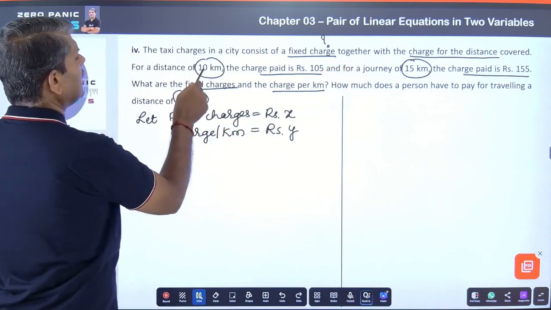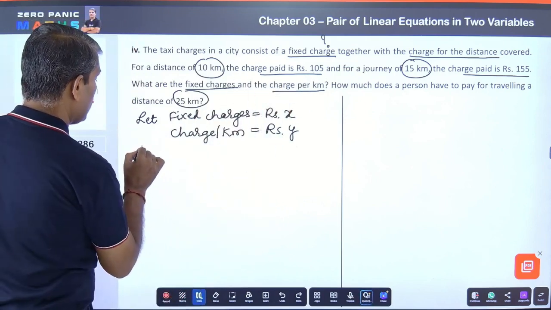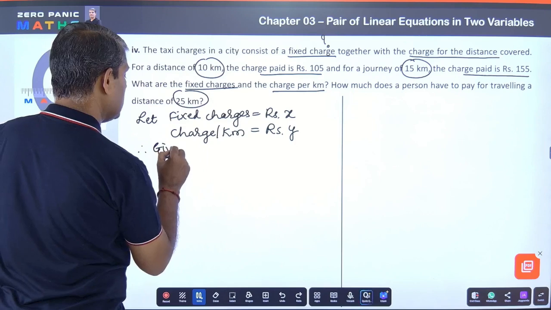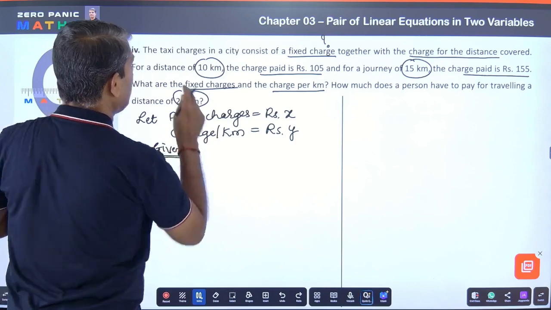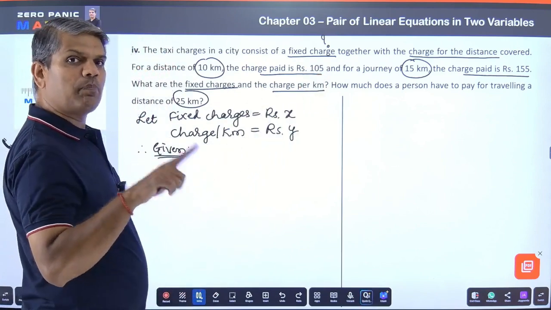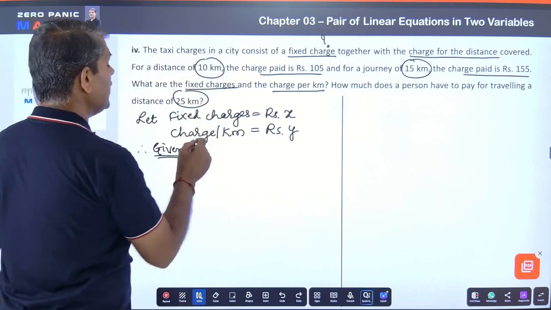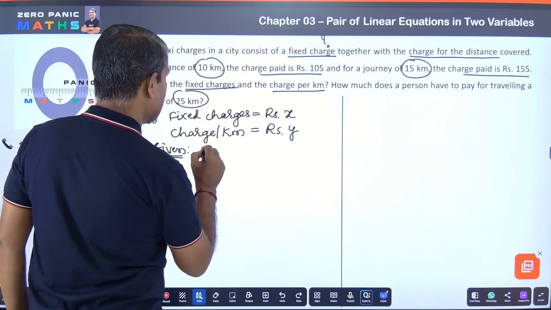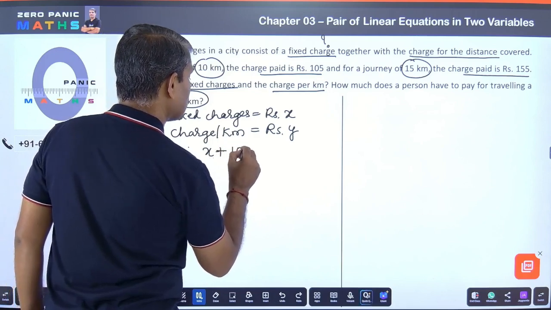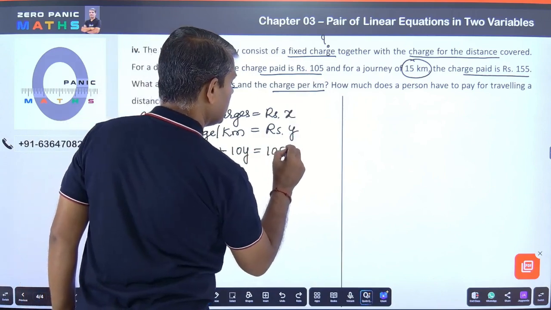Okay, let us see what is given. For 10 kilometer he has paid 105. So the first given data is: 105 is actually fixed charge plus 10y, where y is charge per kilometer. So I can write x, the fixed charge, plus 10 kilometer charge, that is 10y, is 105.